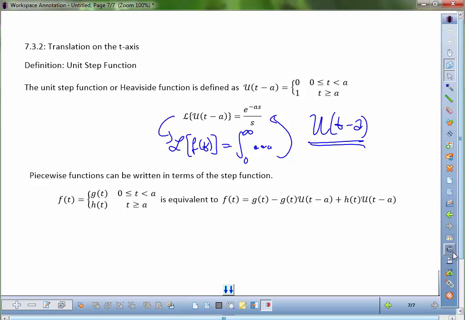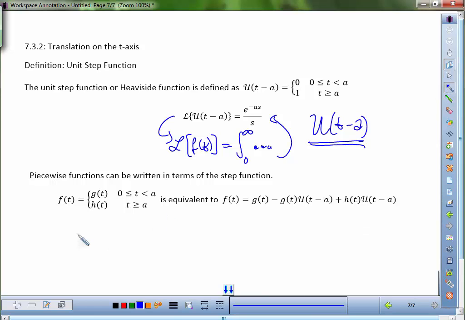Now, our Heaviside function is defined to be 0, and then something happens to it. But if you have a function that's piecewise where something happens and then something else happens, this can be generalized to look like this.